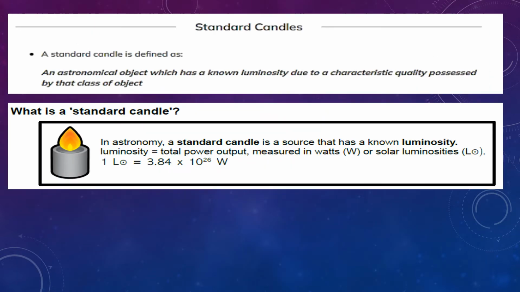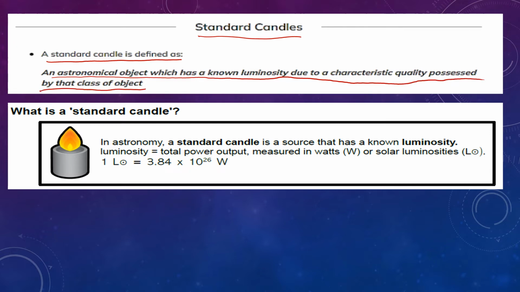Now, about standard candles, this is actually a method. A standard candle is defined as an astronomical object which has a known luminosity due to a characteristic quality possessed by that class of object.